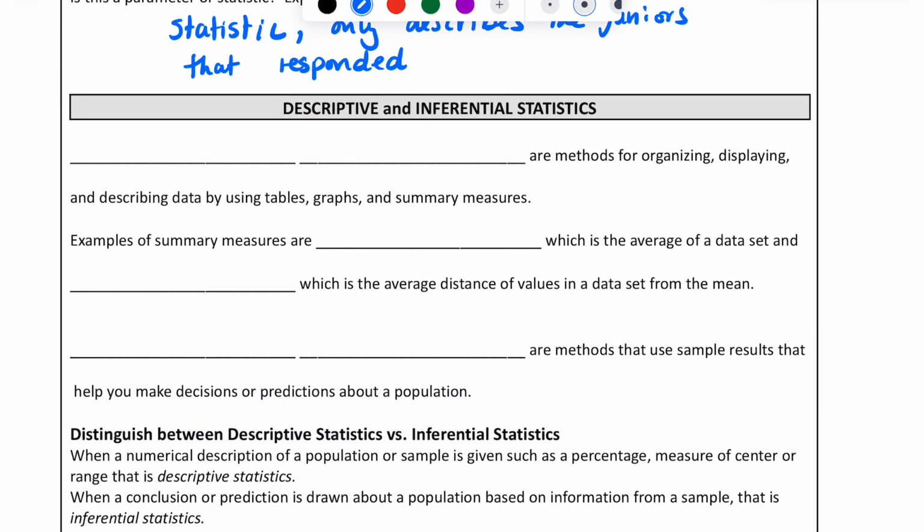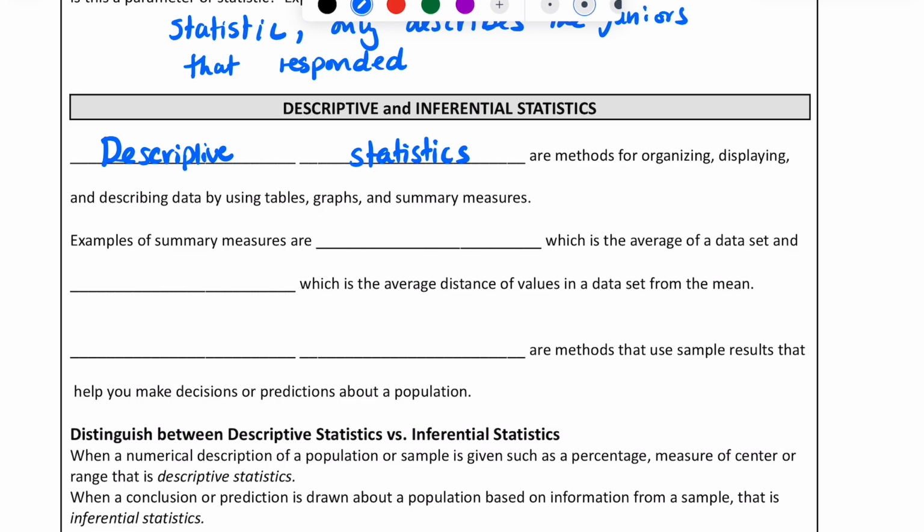So now we're going to go ahead and talk about the two different main areas of statistics, which are going to be descriptive and inferential. Our first one here is going to be descriptive statistics. And if you think about the word descriptive, it means to, keyword there, describe.